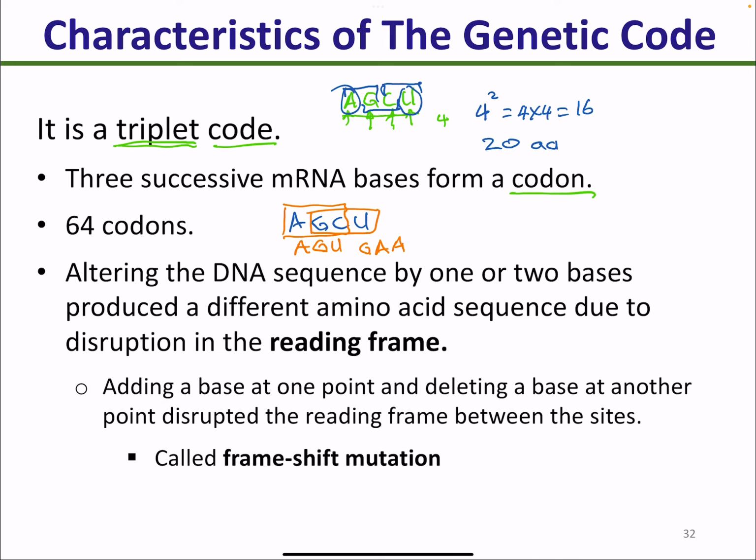The possibilities we have is going to be 4 cubed, which is 4 times 4 times 4 possibilities. That's 64 different codons possible.